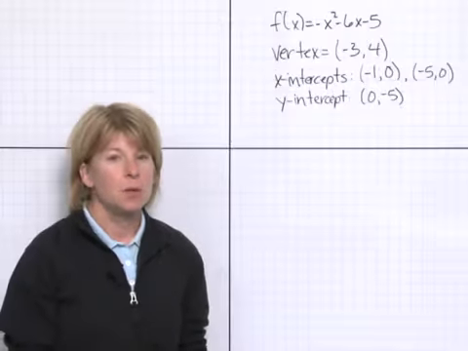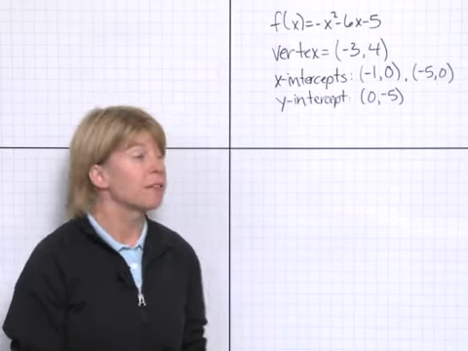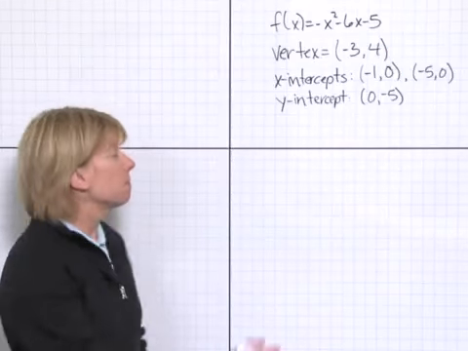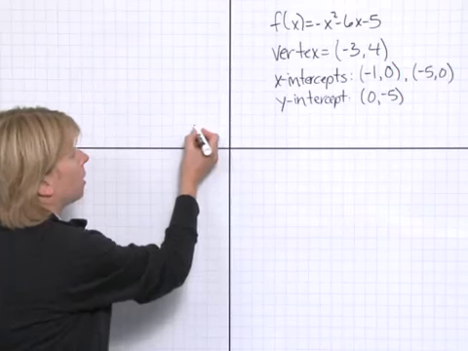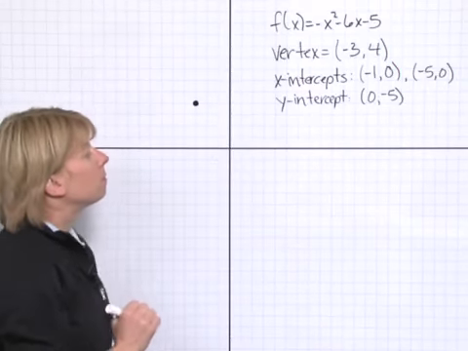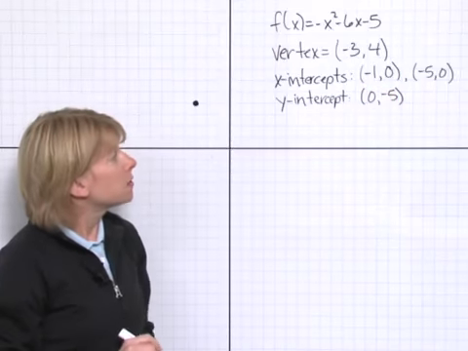We just found the vertex and the intercepts for our quadratic function, and now we're going to graph it. We have a vertex of -3, 4. So from the origin, I go left 3 and up 4 to find the vertex. And we have two x-intercepts. I've written them as ordered pairs.